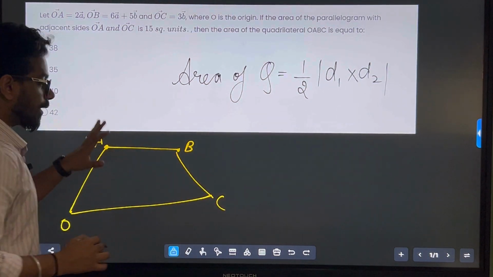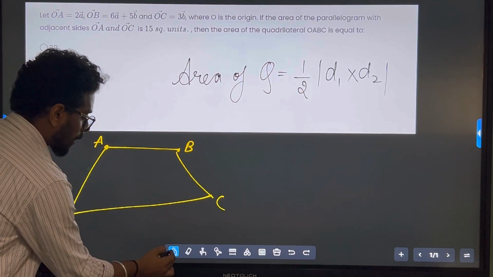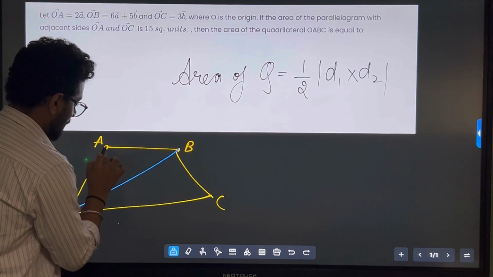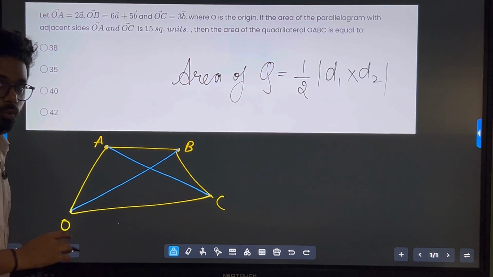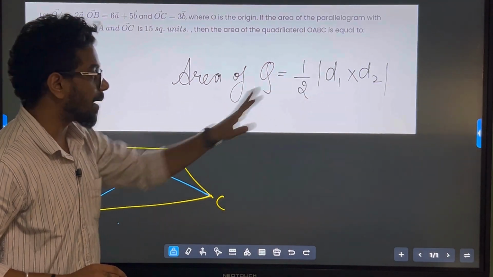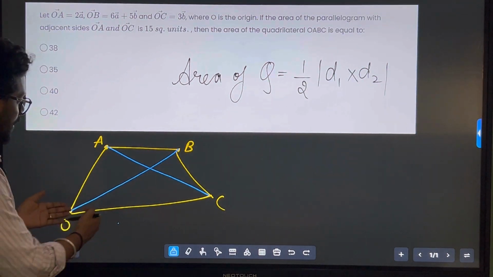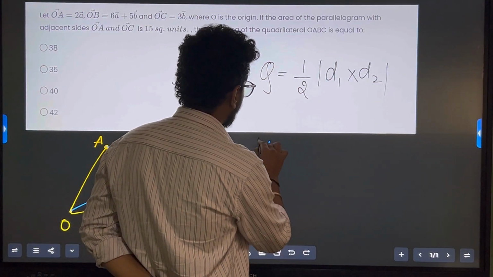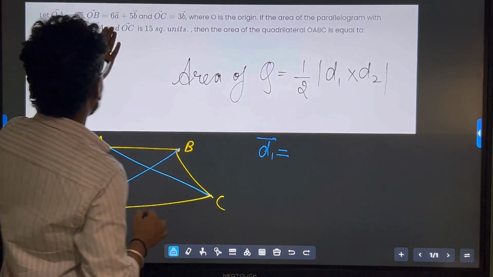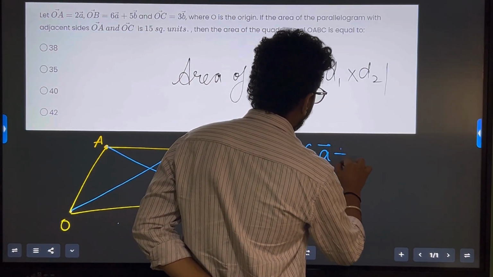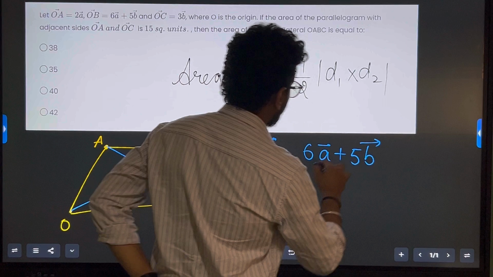They wanted to know the area of this quadrilateral. We are saying the area of this quadrilateral is 1 by 2 times the magnitude of the cross product of D1, D2. What is D1 over here? Clearly OB vector. So no problem. We can say D1 vector is OB vector, which is given as 6a vector plus 5b vector.